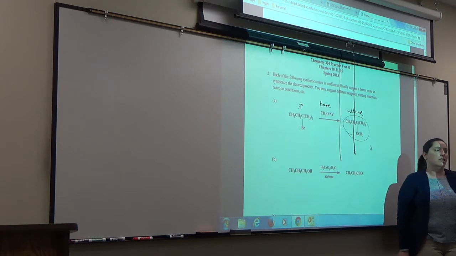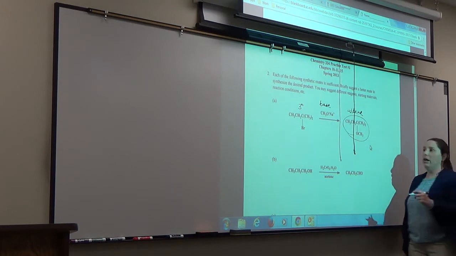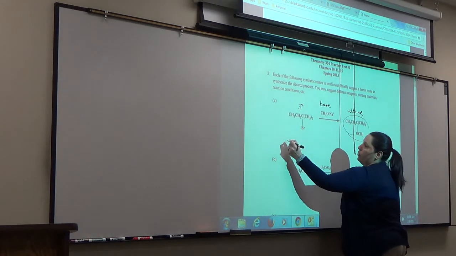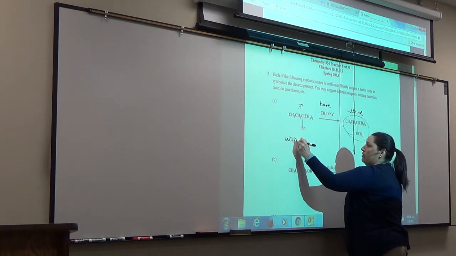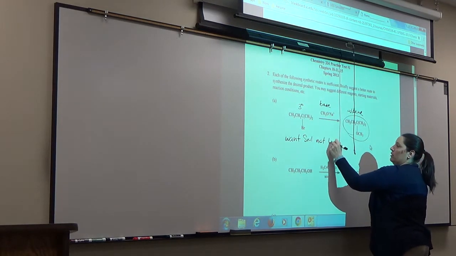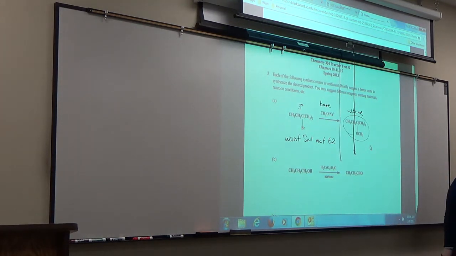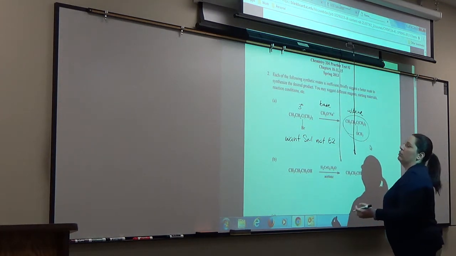So what mechanism would I need to make this go in order for the product to work this way? SN1, right? So you want to switch this, right? You want SN1, not E2, which is what's going to happen if you follow this. So what would I have to do to the reagents?